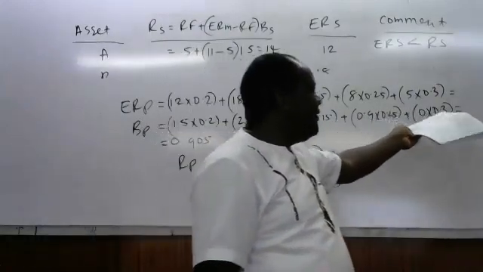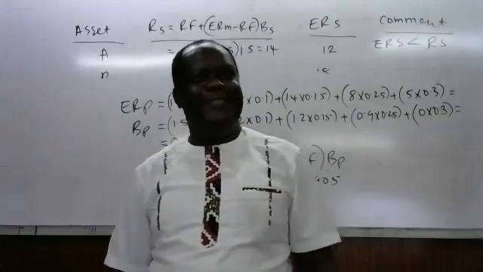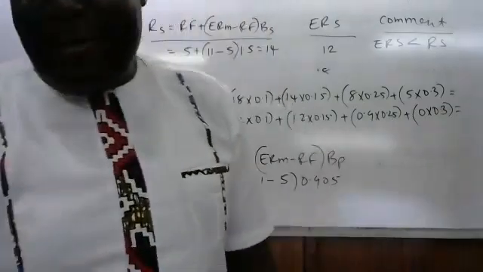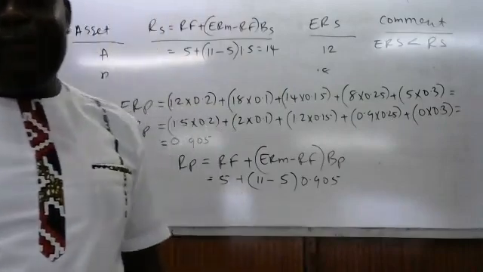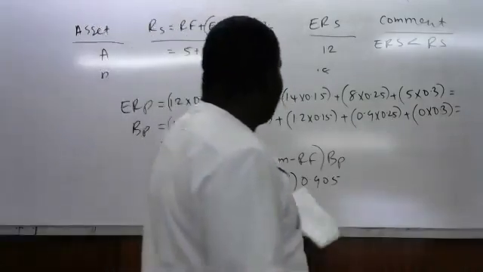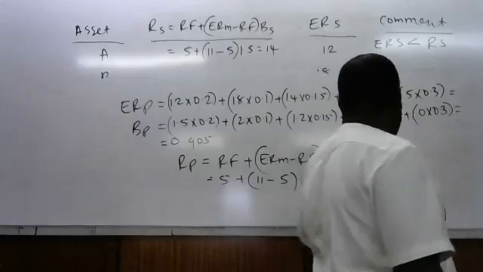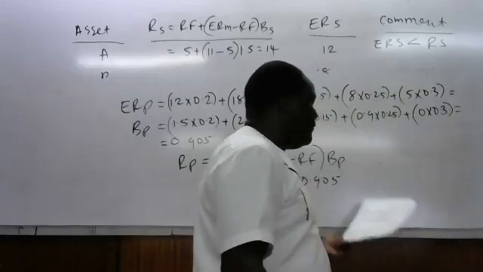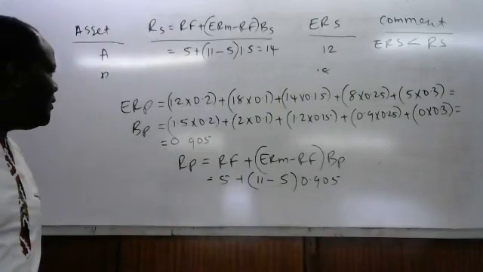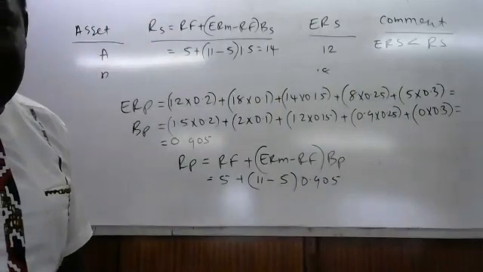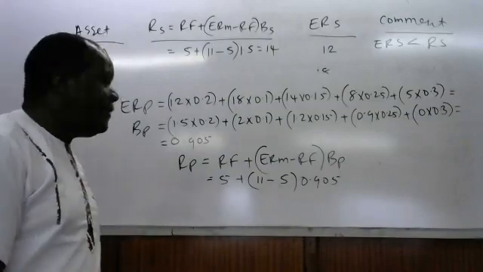If someone is saying it is 2.25, check your addition and multiplication. Everyone is saying this figure here is 0.905. Confirm that. Check your calculation because the formula is this one.